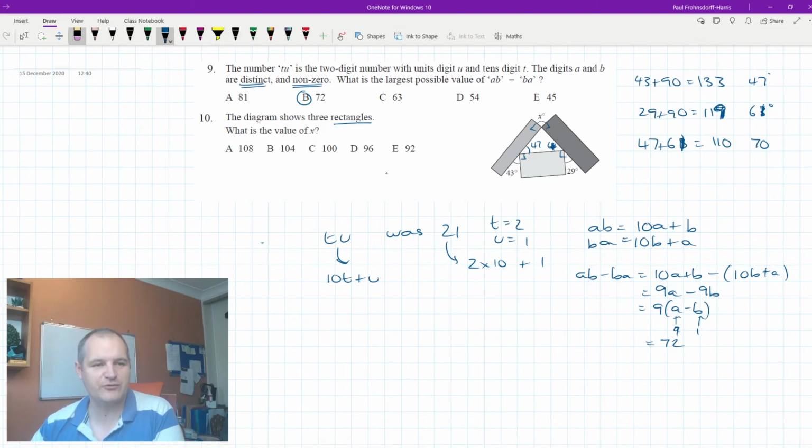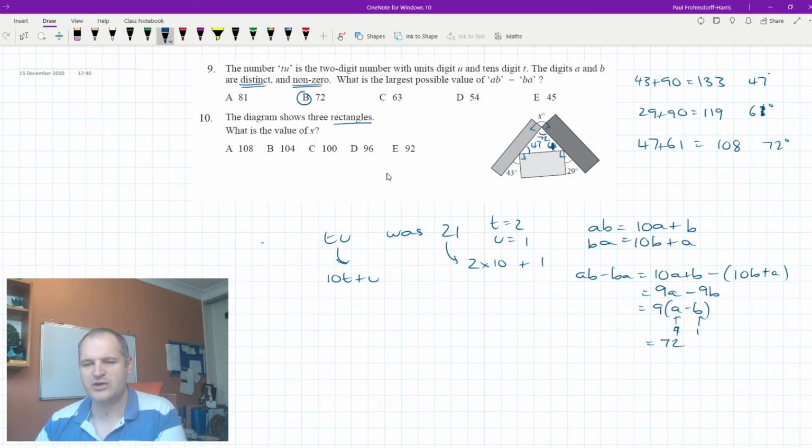Let's do some rubbing out just to make sure we haven't got silly mistakes. So, good job I spotted that in time. We've got 119 and 61. So 61 and 43 is 108. Then that leaves 72 as this angle here.